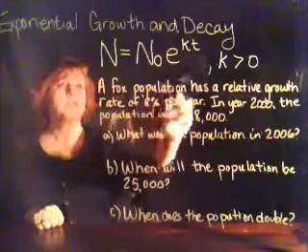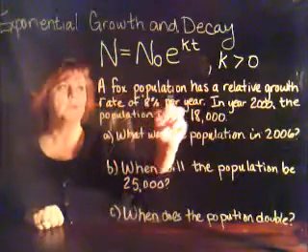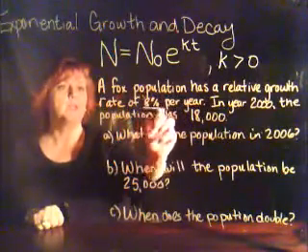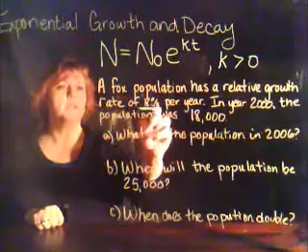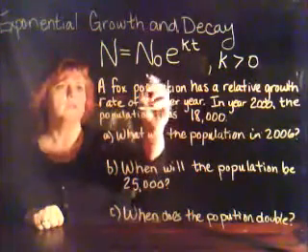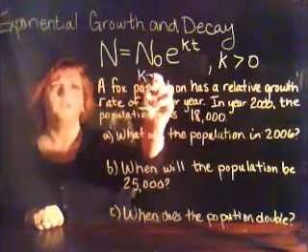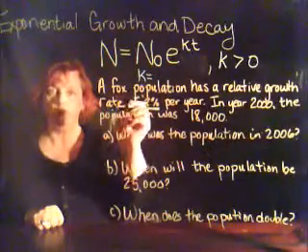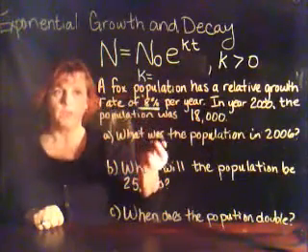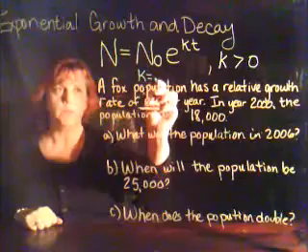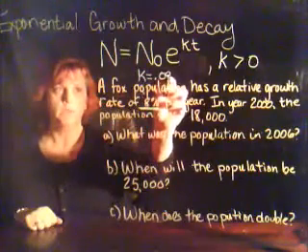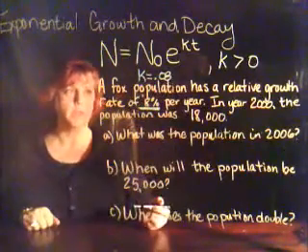8%, well, let's take a look at what pieces we know. The growth rate right here of 8%, this is going to be our k. And just like when we were using the interest formula, the percent of growth is going to be measured in decimals. So 0.08 is our k.